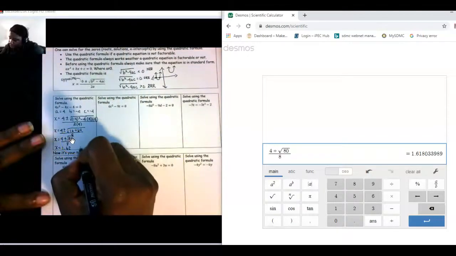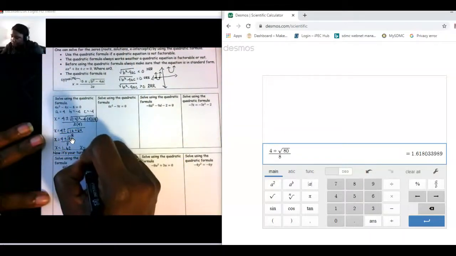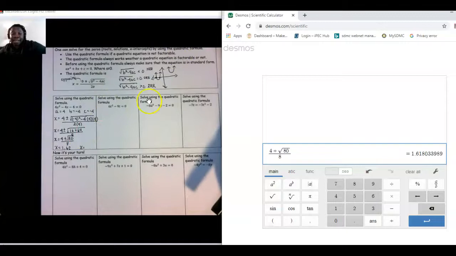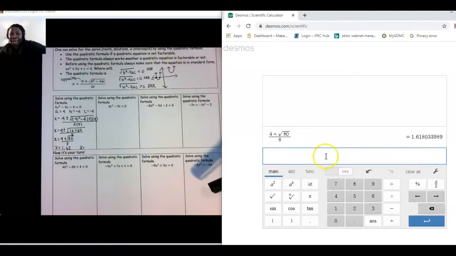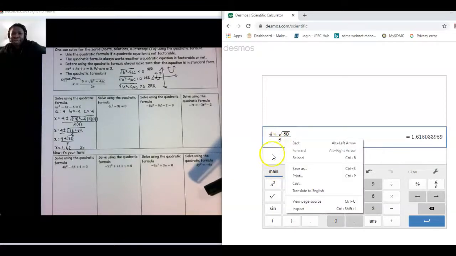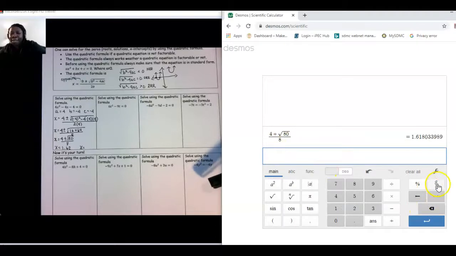Well, that's the positive root, or what we got because we added. Let's change this, and we're going to say now minus. I think we're going to have to do it again. Okay, so we're gonna see if, nope, I thought it might let us copy it. It doesn't.